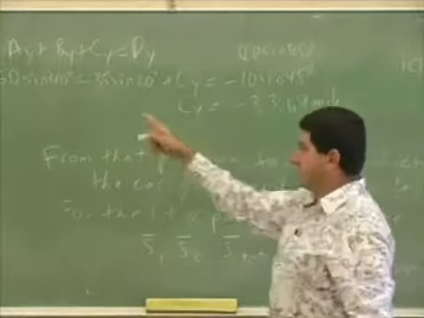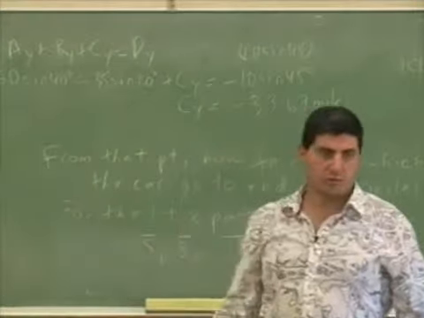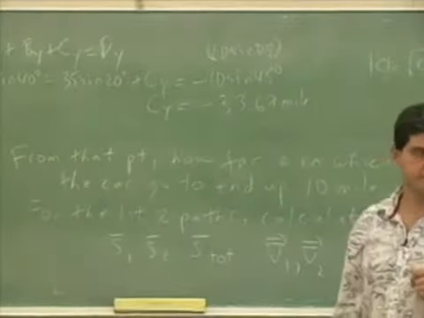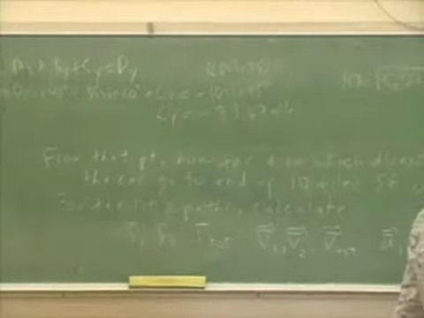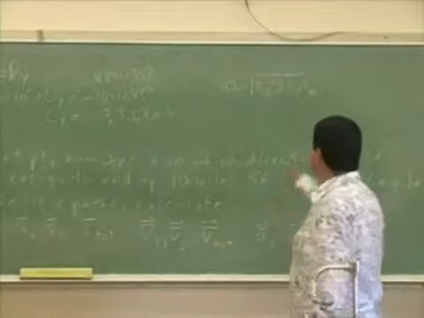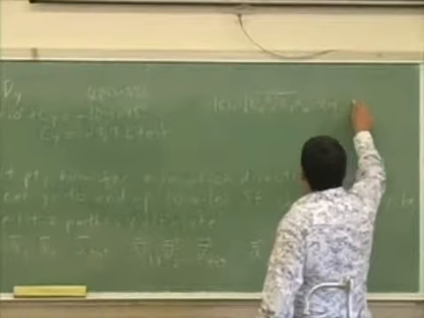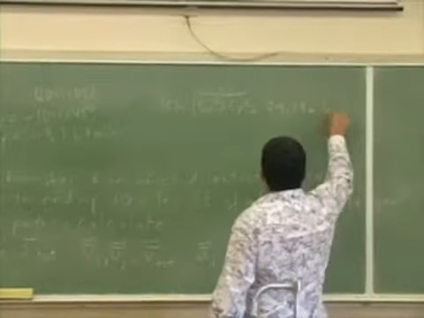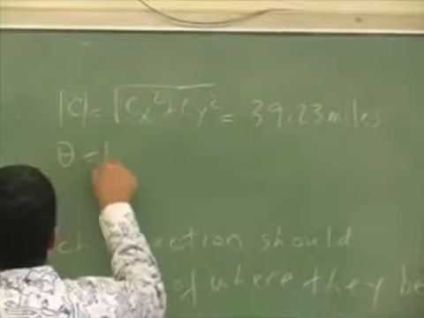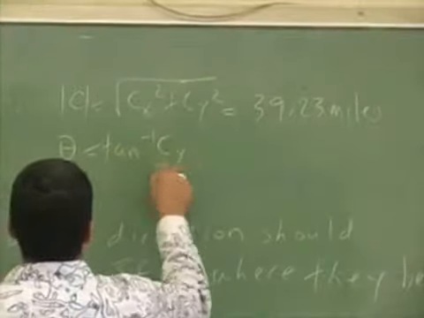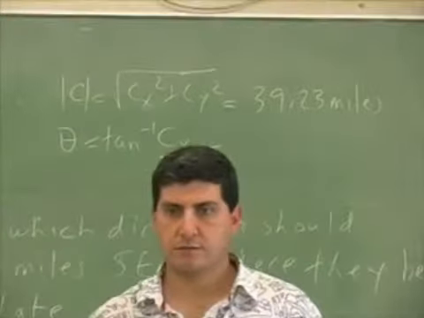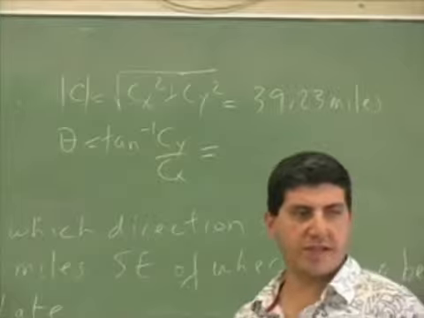So this squared plus that squared, square root, what you get for the total distance that the car should go. And the angle, cy over cx, right? Tan inverse of that.